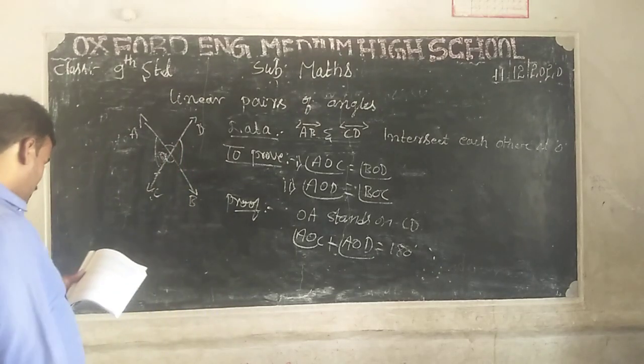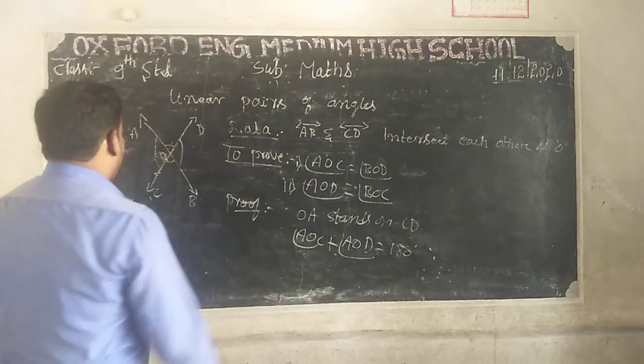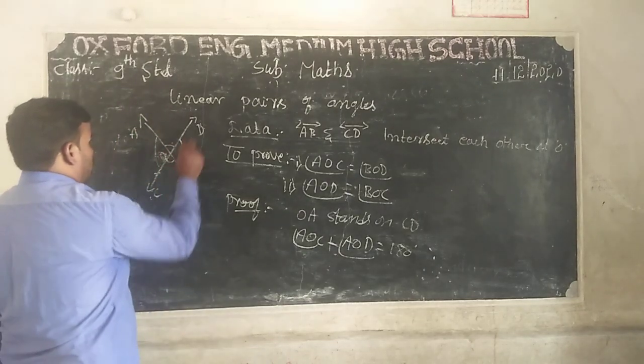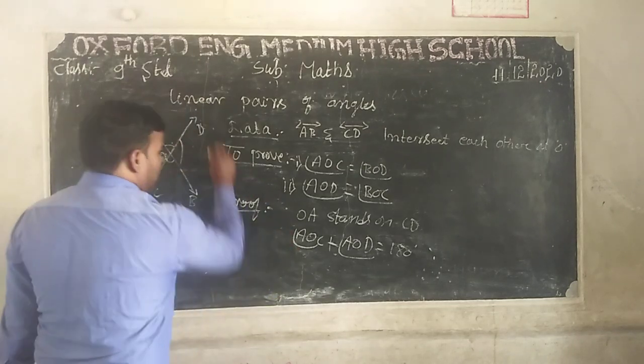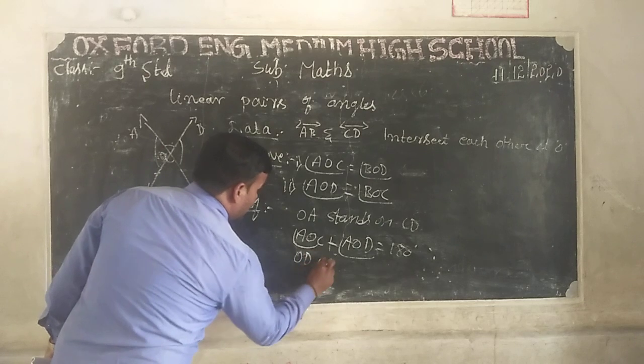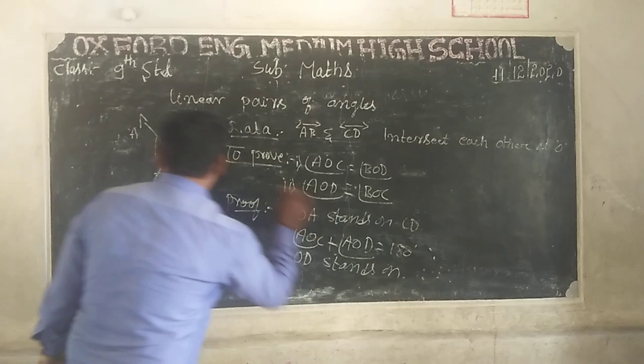And the second one, AOD plus BOD. Here also OD stands on AB.